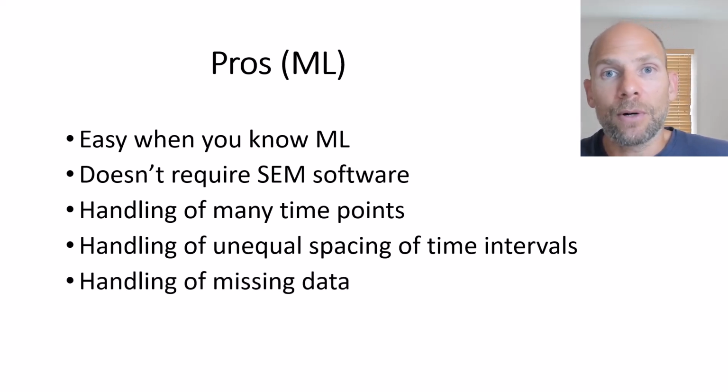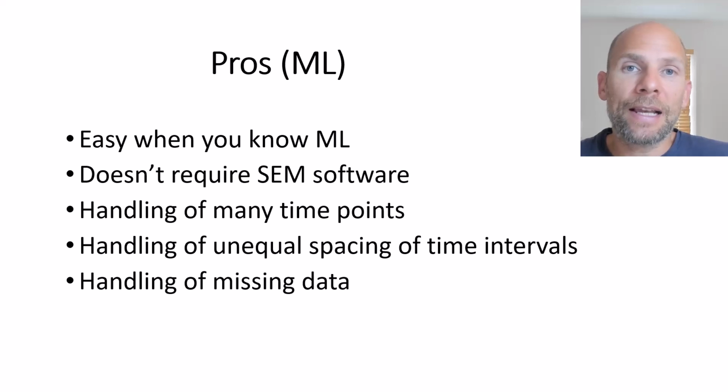Also, the multi-level modeling framework makes it easy to handle missing data in terms of missing time points. So if somebody has only 2 time points as opposed to 4, it doesn't matter.